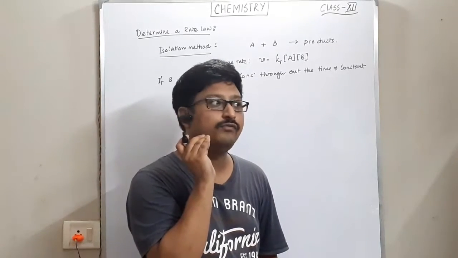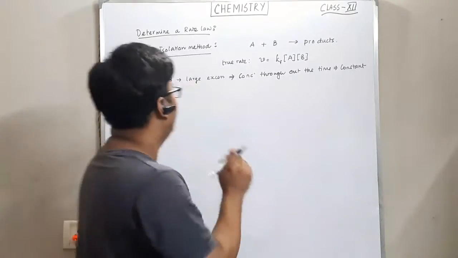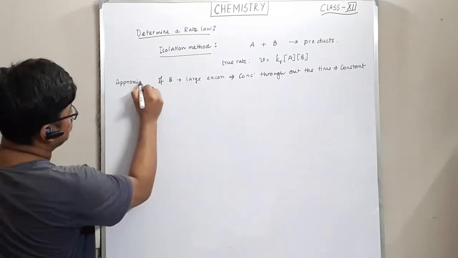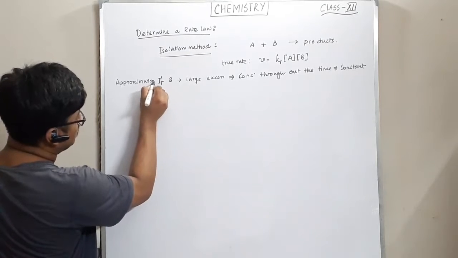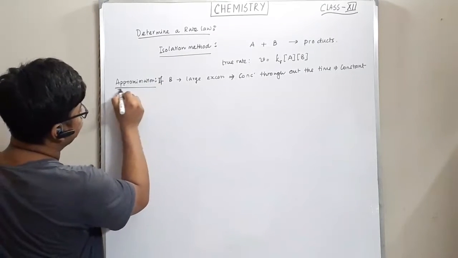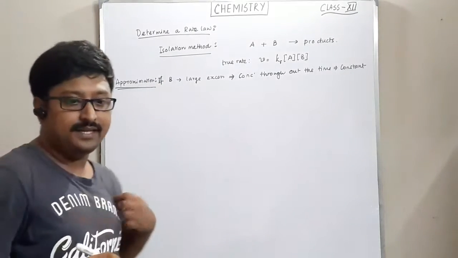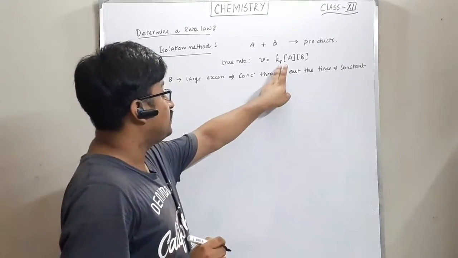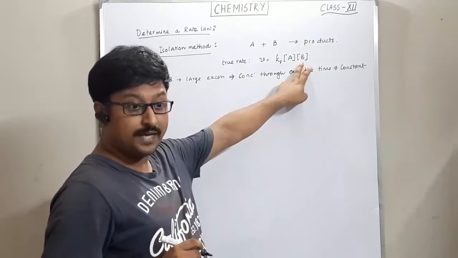It's an approximation. Then what can we do here? Since B is a constant throughout the time, we can modify the rate law.